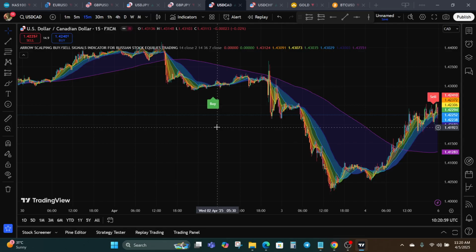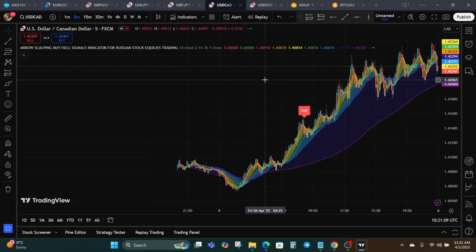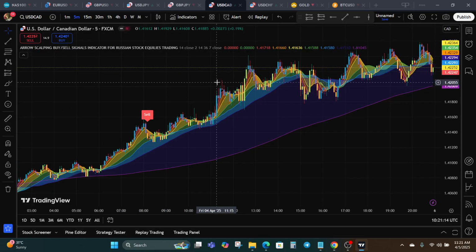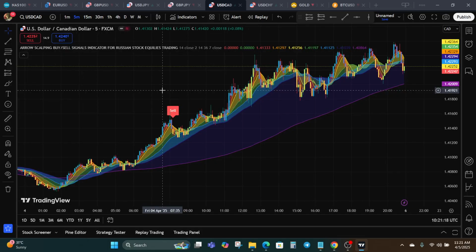This indicator works across different time frames, but because we are talking about scalping, scalping requires lower time frames like the 1 minute or 5 minute chart, in some cases the 15-minute chart. This is perfect for scalpers who need to make fast trade decisions and capitalize on smaller price movements.